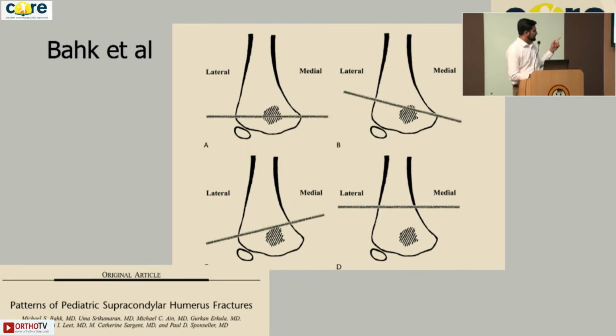But in cases where you see a fracture line exiting obliquely laterally or obliquely medially, these are called medial oblique supracondylar and lateral oblique supracondylar. The last one is a high supracondylar, where your fracture line is above the olecranon fossa.